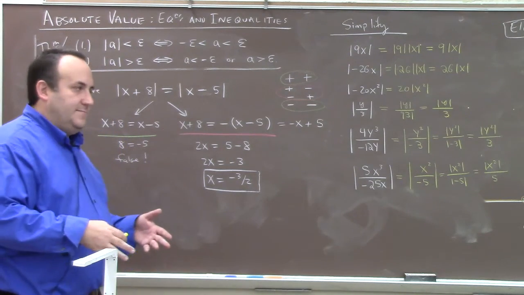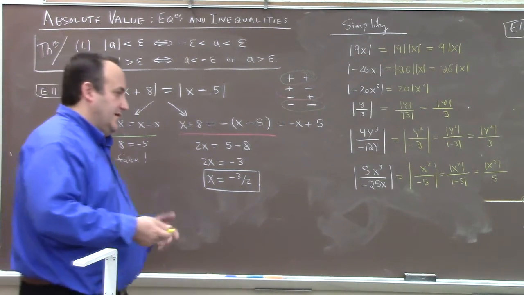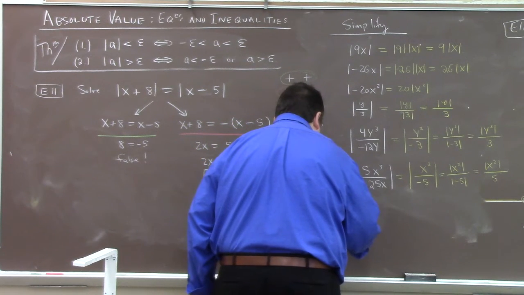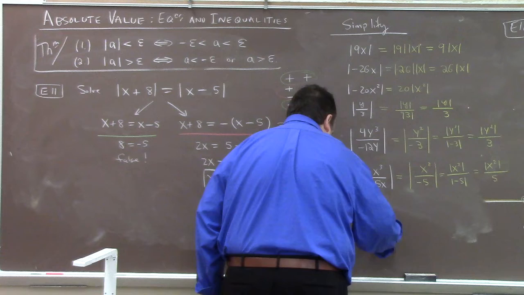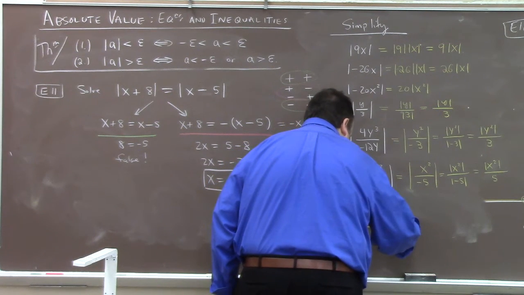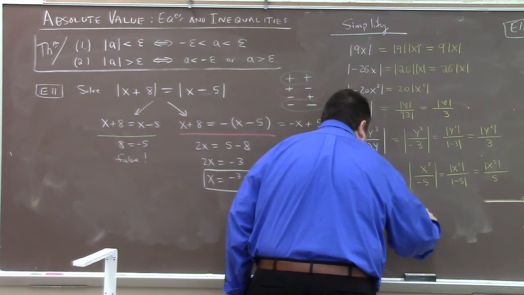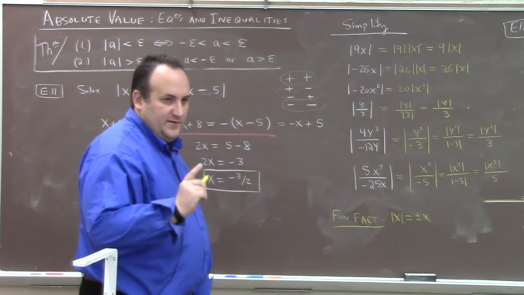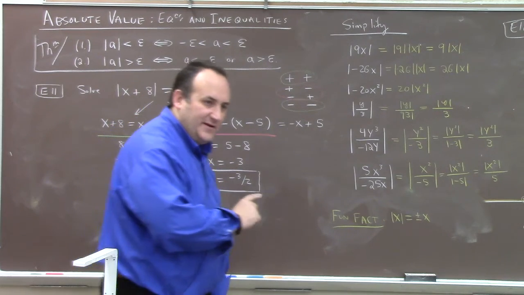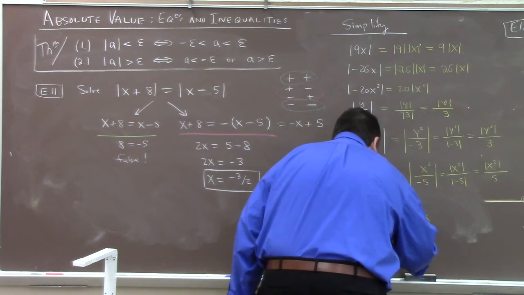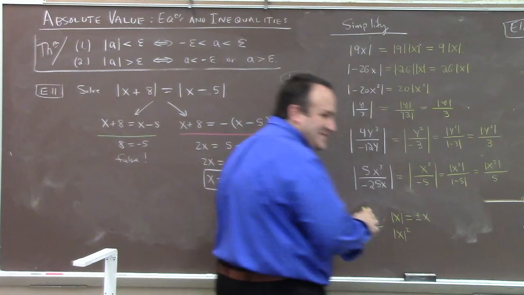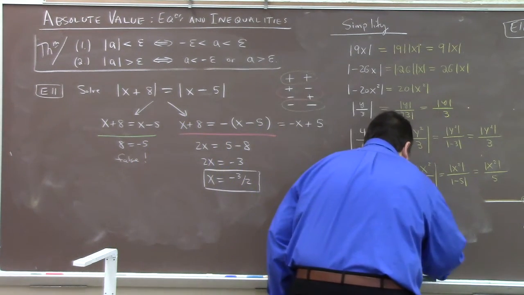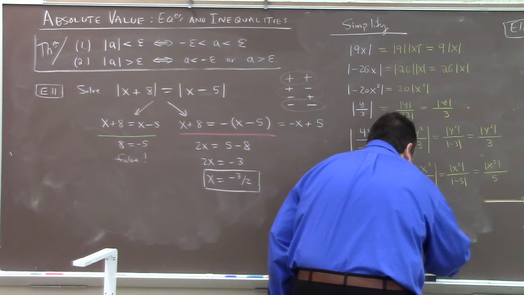Fun fact, something that's sometimes useful. The absolute value of x is equal to plus or minus x. So what's the absolute value of x, quantity squared, equal to? It's equal to plus or minus x, quantity squared.